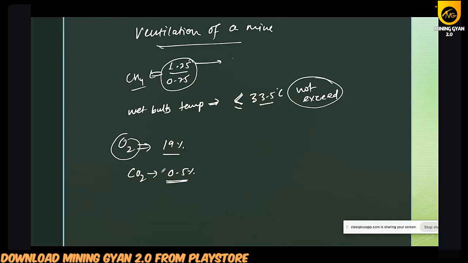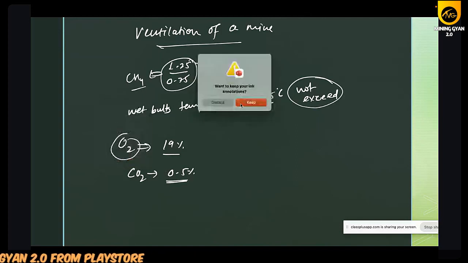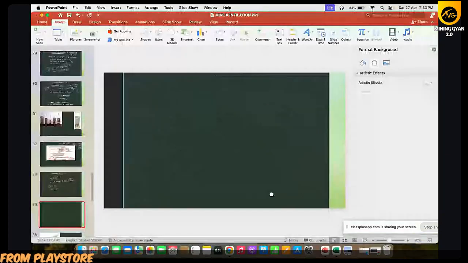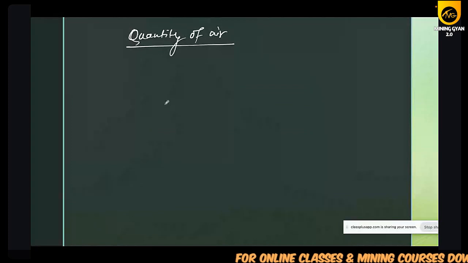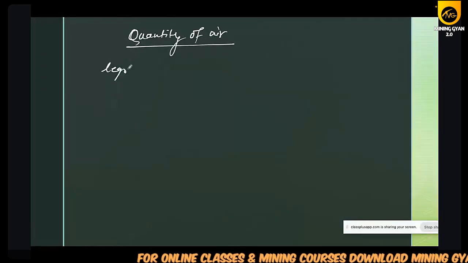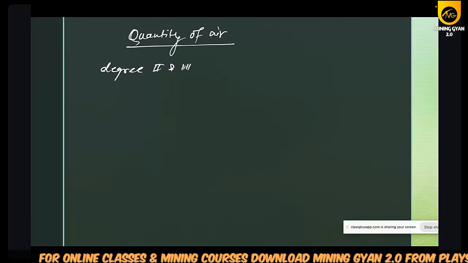Then we will see some more information related to our numericals, which is very helpful for you to solve the numericals. What was that? Quantity of the air in the gassy coal mines in degree 2 and degree 3. Why am I writing?